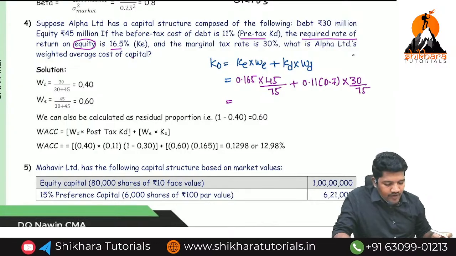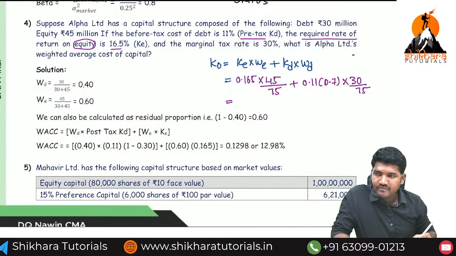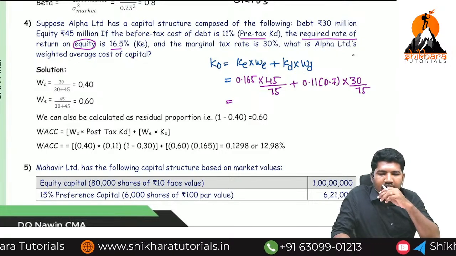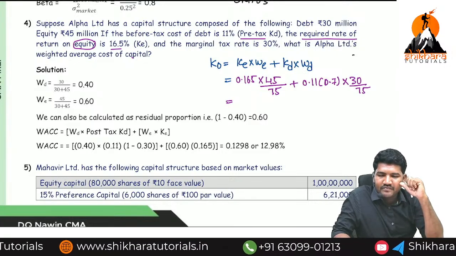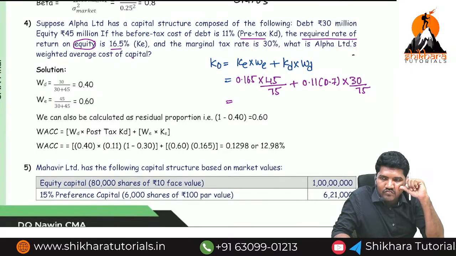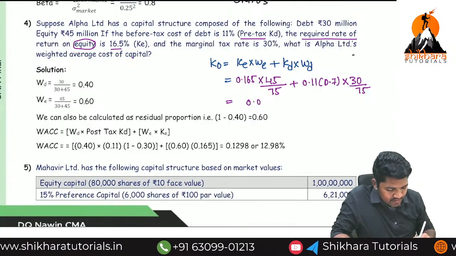Now please tell me the calculation part. 45 divided by 75 into 0.165. Just tell me that value. 0.099.